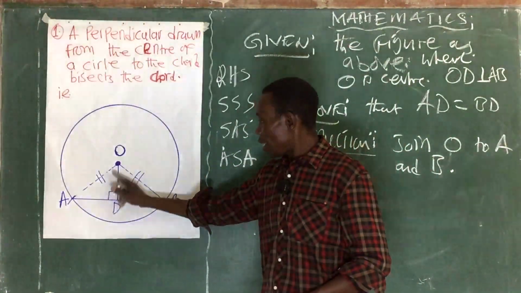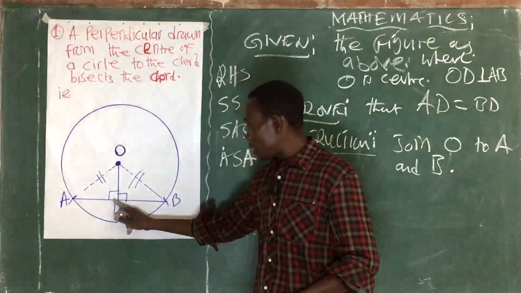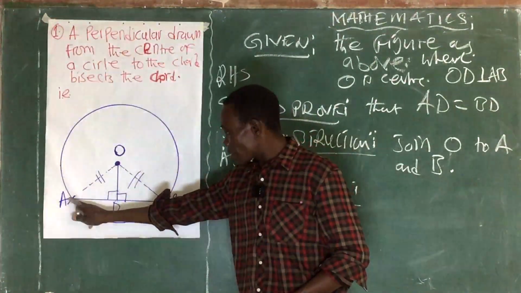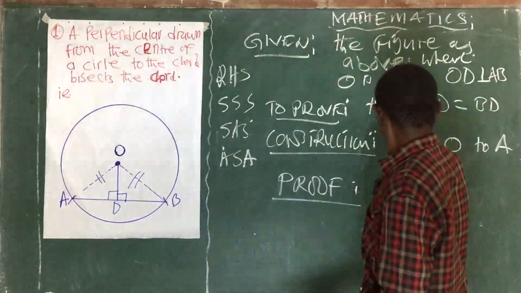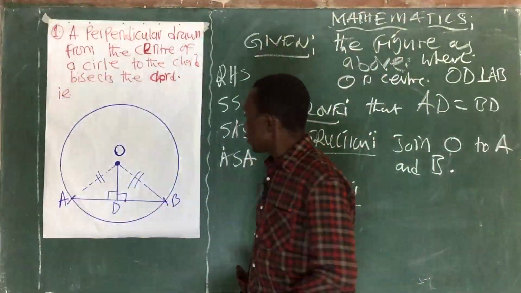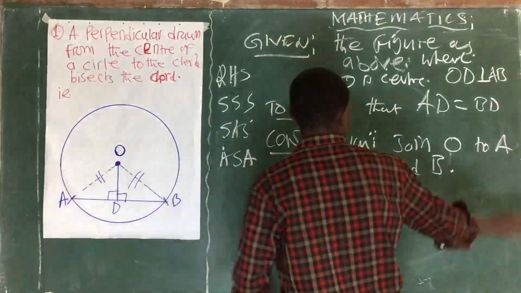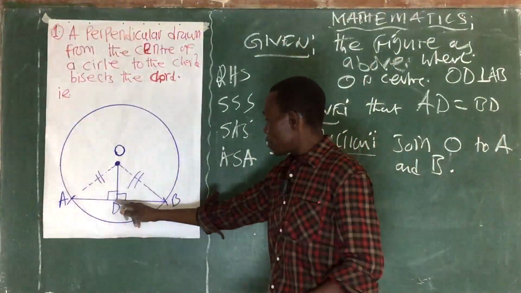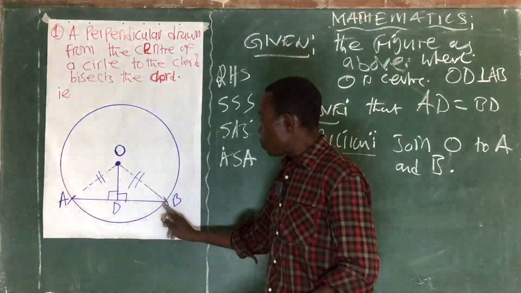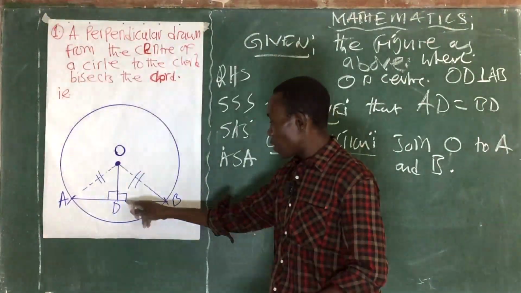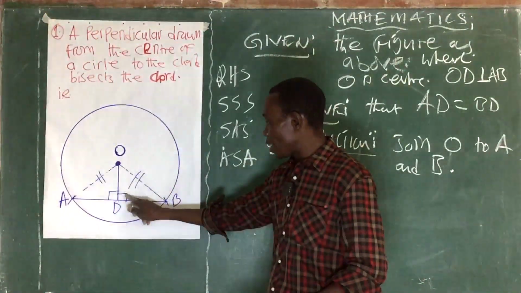Here there's 90 in triangle OAD, which has side AD, which is of our interest here, and the triangle OBD, which has side BD, which is this one here.